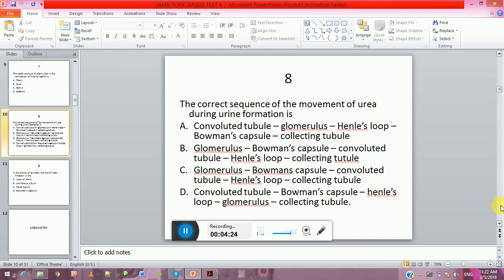C. Glomerulus, Bowman's capsule, convoluted tubule, Henle slope, collecting tubule. D. Convoluted tubule, Bowman's capsule, Henle slope, glomerulus, and collecting tubule.